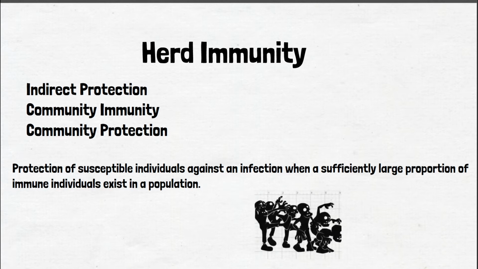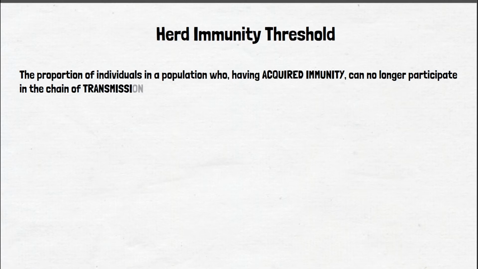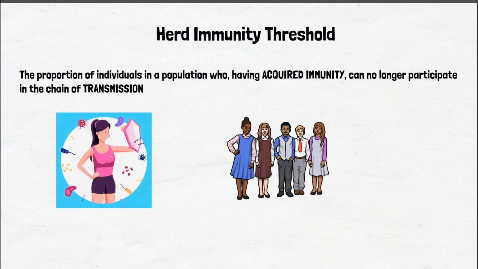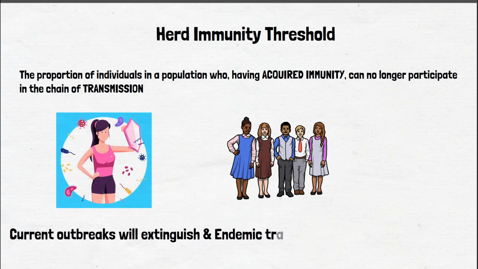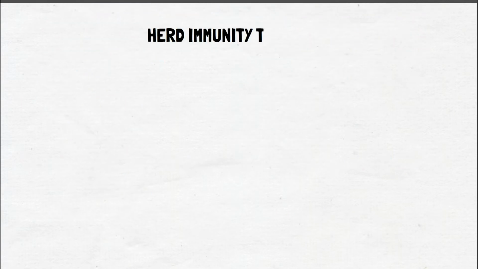Which takes us to the herd immunity threshold, defined as the proportion of individuals in a population who, having acquired immunity, can no longer participate in the chain of transmission. If the proportion of immune individuals in a population is above this threshold, current outbreaks will extinguish and endemic transmission of the pathogen will be interrupted.